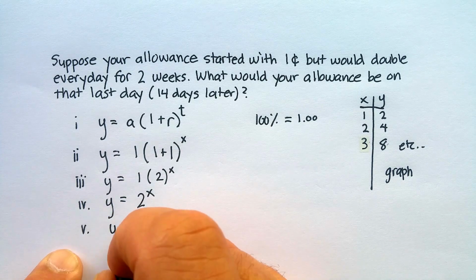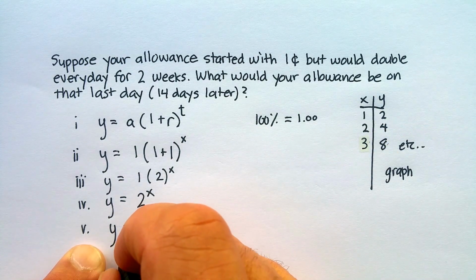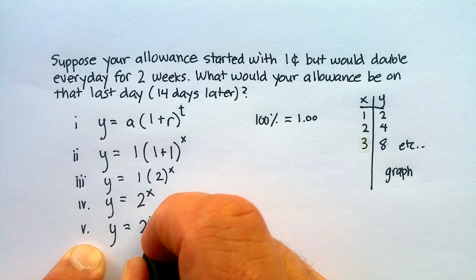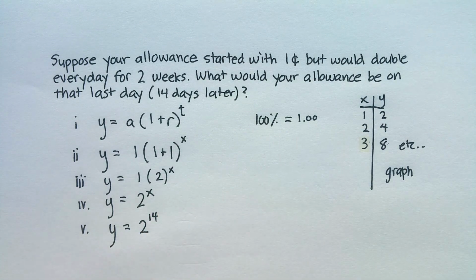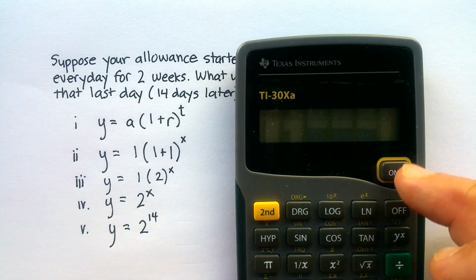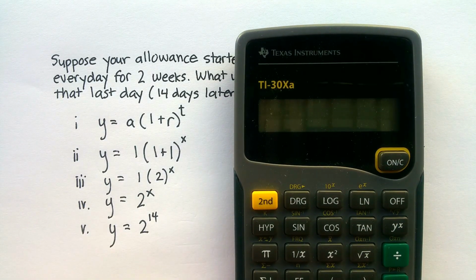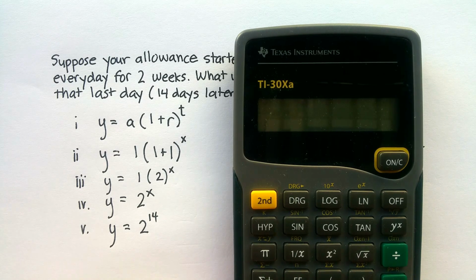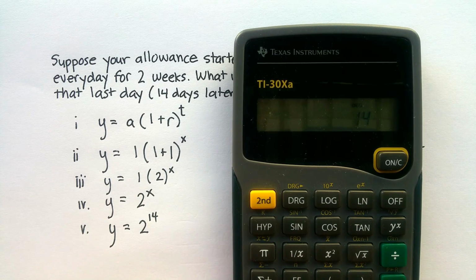So I'm going to say y, which is going to be my final allowance 14 days later, is going to be equal to 2 to the 14th power. Now, if I just go over here, let's clear this off, and I'm going to say 2 raised to the 14th power. To the 14th power.